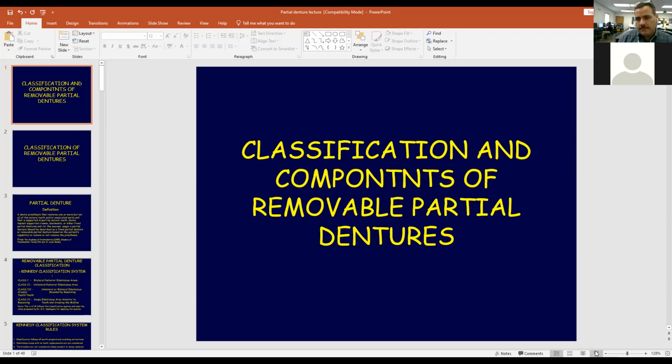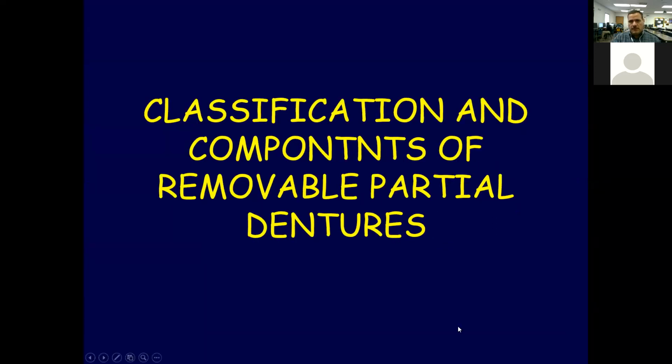Well, there's many. The partial denture will replace just a few teeth, maybe 3 or 4 teeth. The complete denture would replace all the teeth. But there's another thing. It's called biodynamic, because when the complete denture moves, it doesn't affect the tissue underneath.